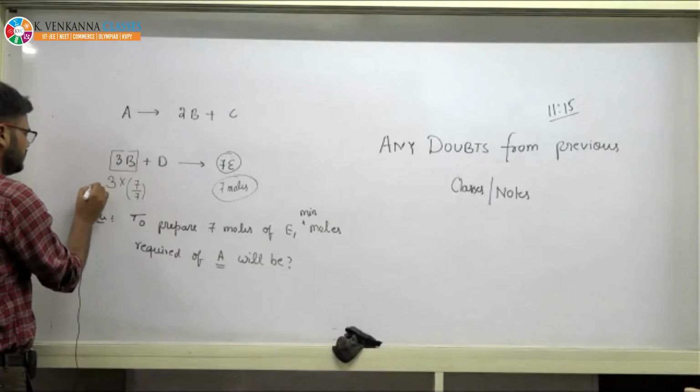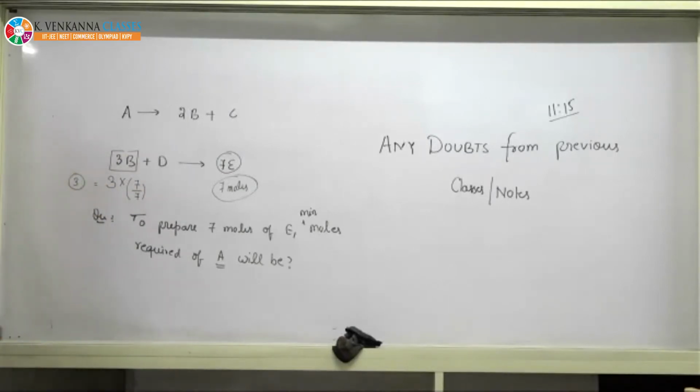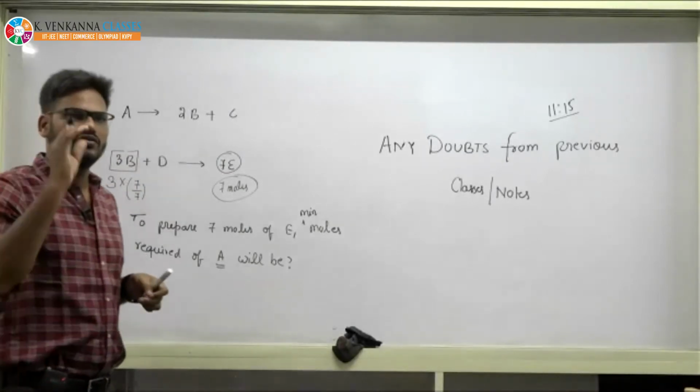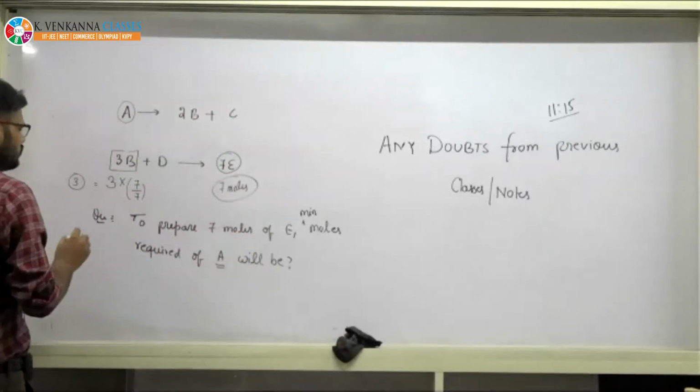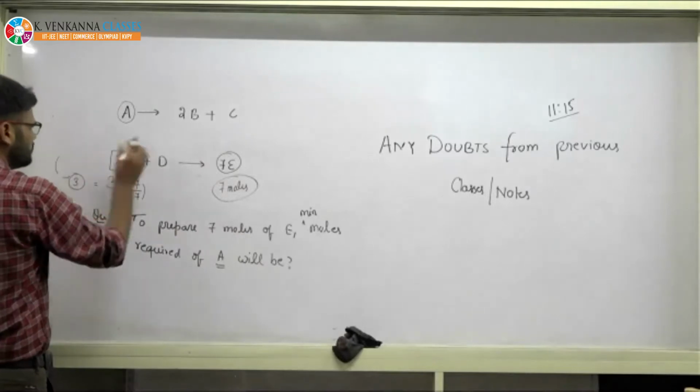So this will come as 3. So 3 moles of B are required. But I am asking about A, so you just need to carry this 3 moles here.